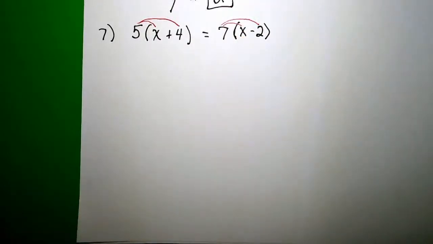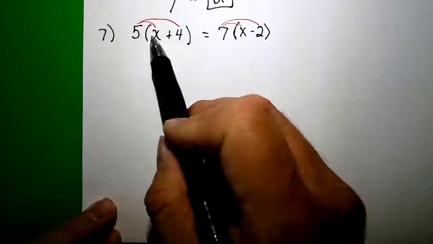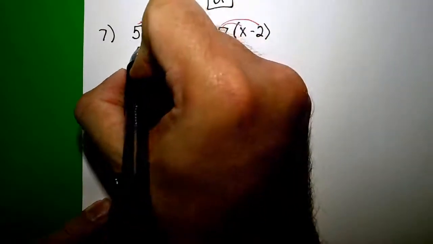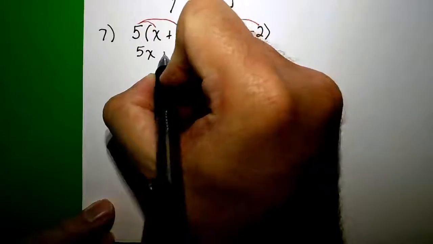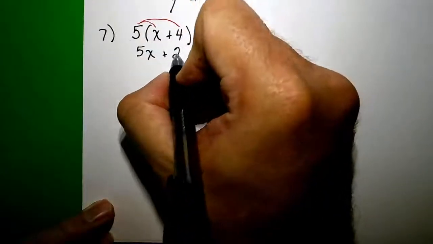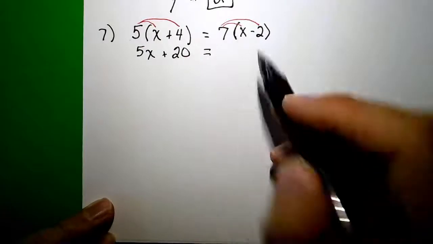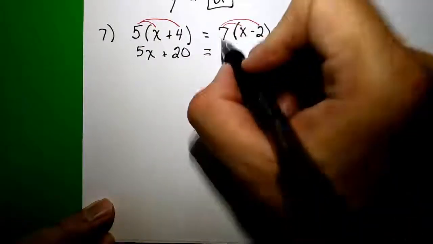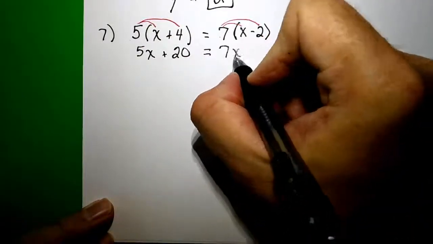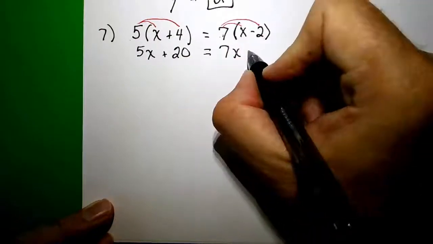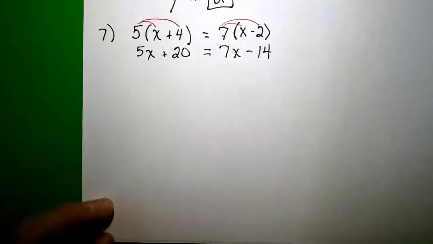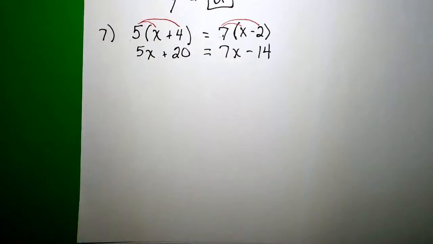So remember the distributive property? So distribute the 5. That would be 5 times x plus 5 times 4 is 20 equals 7 times x, 7 times the negative 2, negative 14.